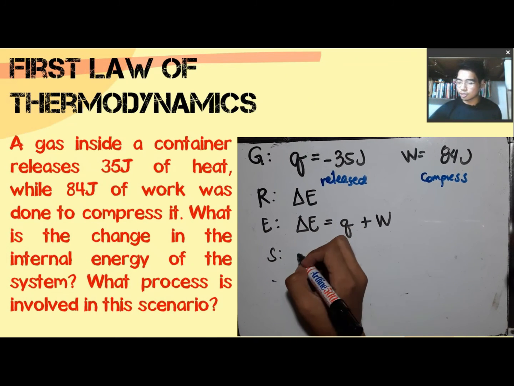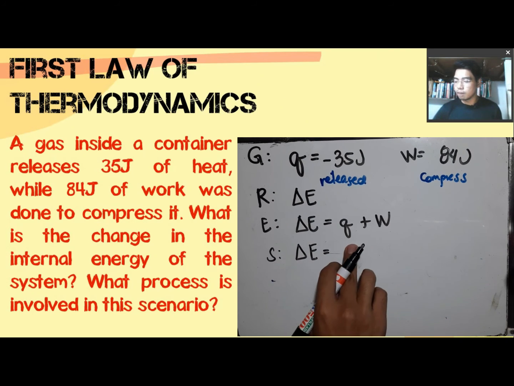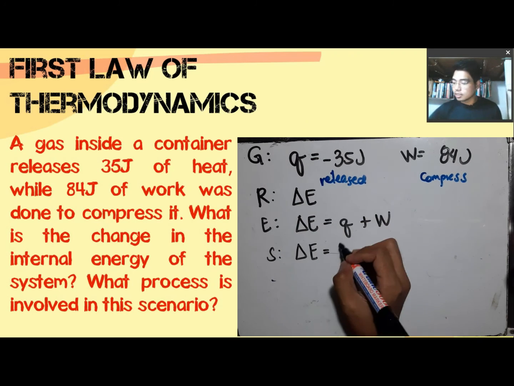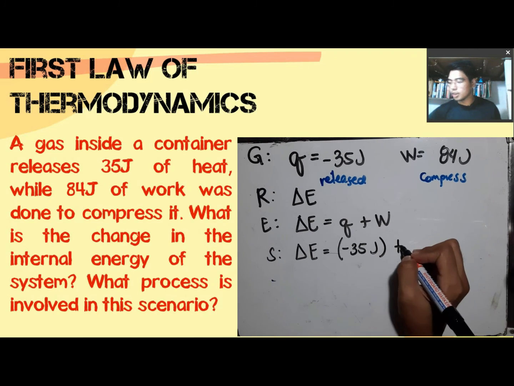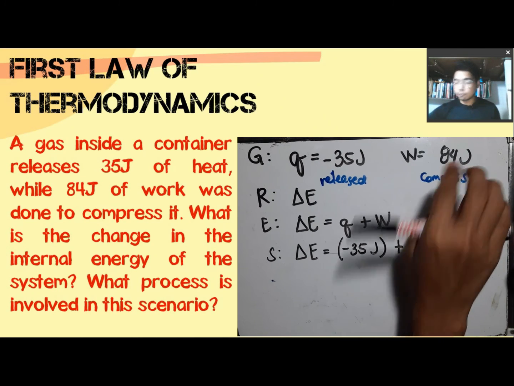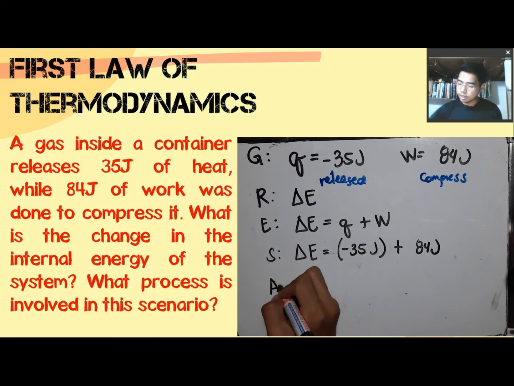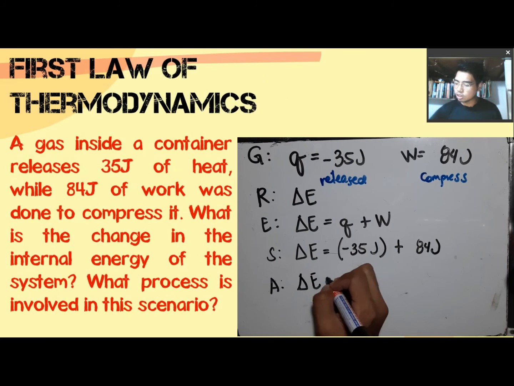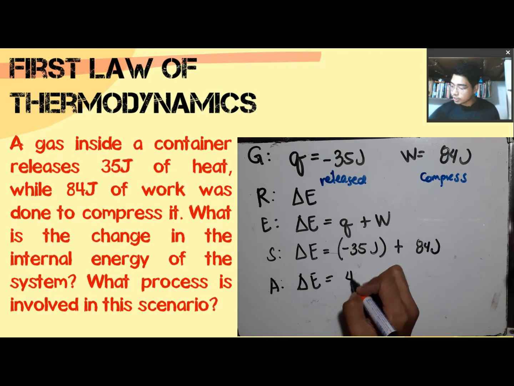Then, for the solution, delta E is equivalent to our value of heat, negative 35 joules, plus our value of work, which is 84 joules, which will now give us the answer that the change in energy in this scenario is 49 joules.